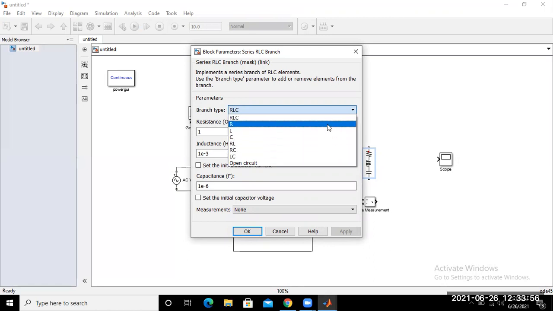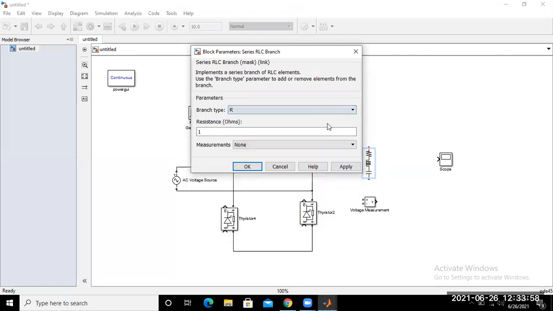Okay. So we require pure resistive load. So just select here and you may put the value of resistance here, some numerical value, that means 10 ohm or 5 ohm, whatever you may want. Okay. So just put, for example, 10 ohm as the resistance value and apply and okay.